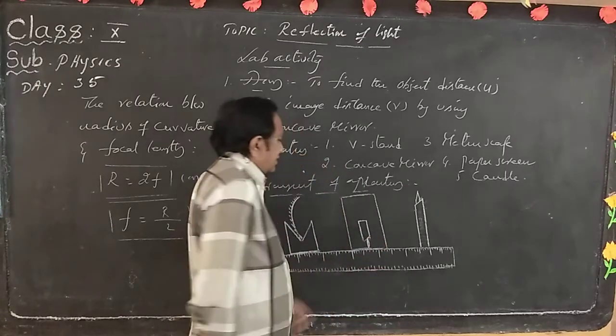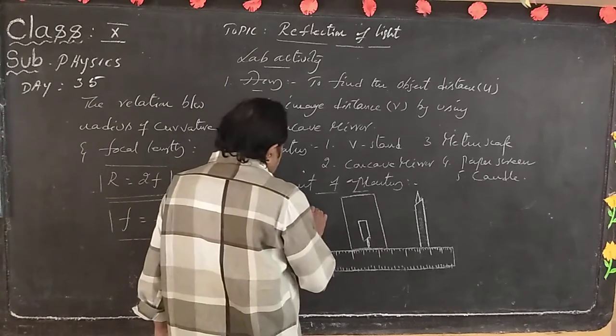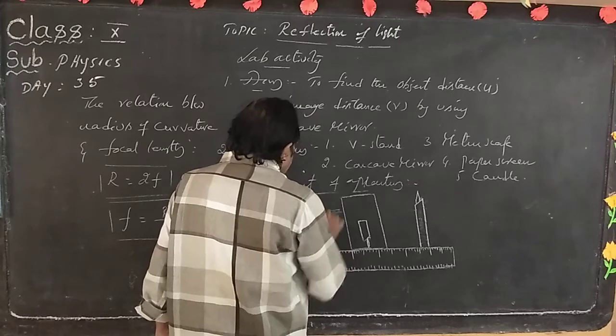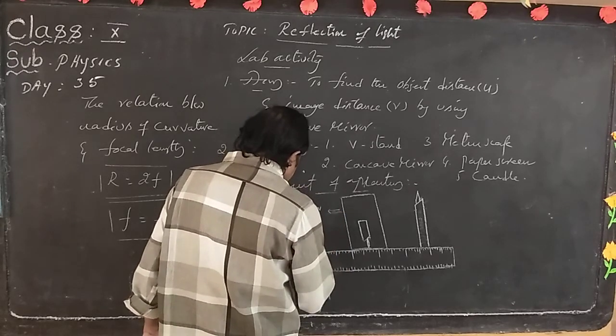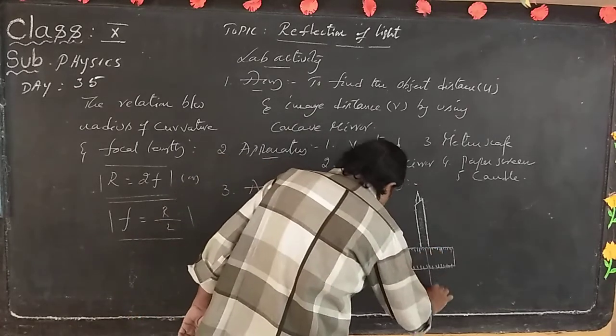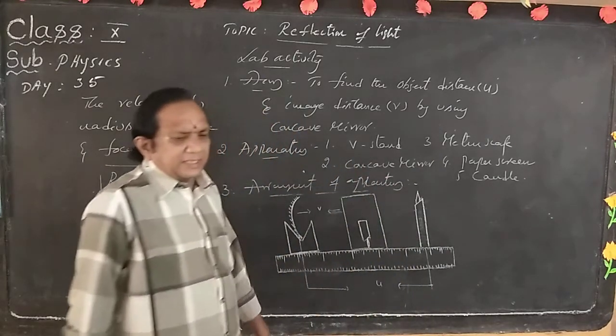When you stop, measure the distance. This distance from the mirror to the screen is the image distance, v. The distance from the mirror to the object is the object distance, u.